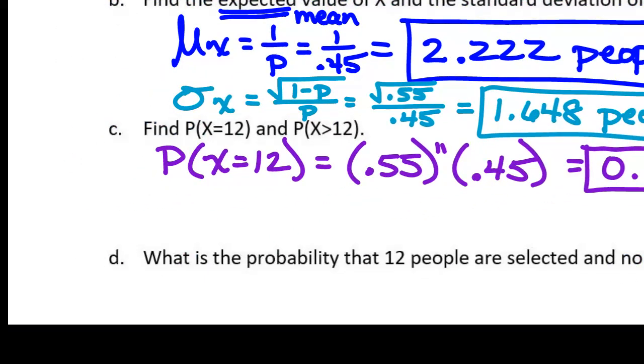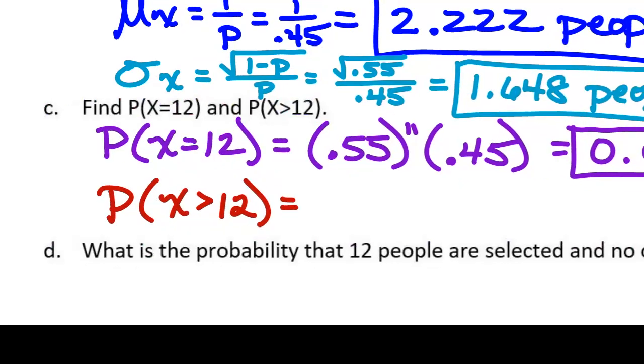The probability that X is greater than 12: can we do greater than using the calculator? No. We can only do what? Less than or equal to. So if I have a greater than or a greater than or equal to, what do I have to do to calculate that probability? If I want my inequality to go the other direction, what do I need to do?